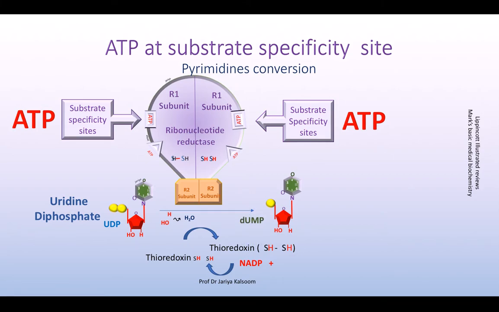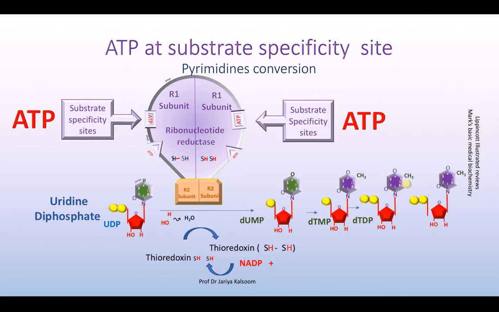The significance of dUMP is that dUMP can acquire a methyl group from tetrahydrofolate, and if it acquires a methyl group, it is going to be converted to thymidine. So dTMP is generated. dTMP, if it acquires phosphate in the presence of kinases, is going to be converted to dTDP.